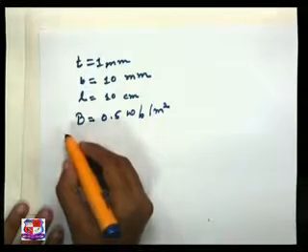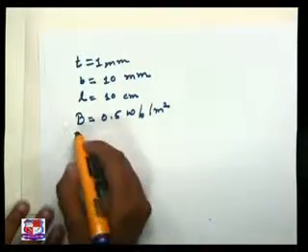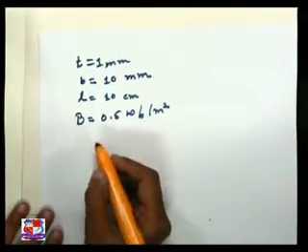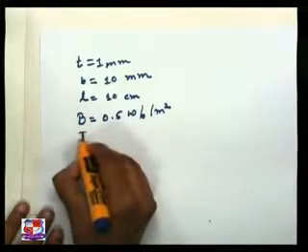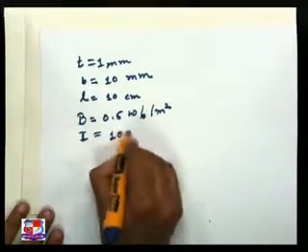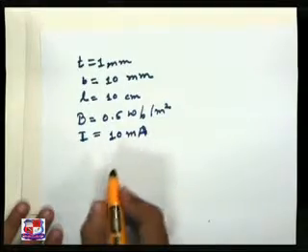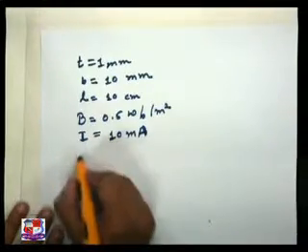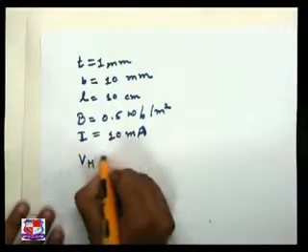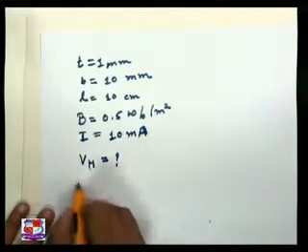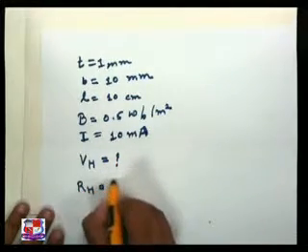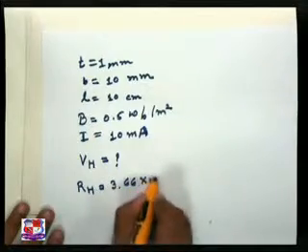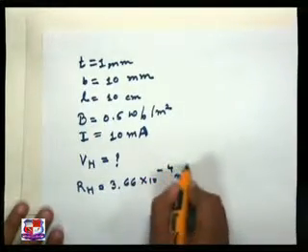It is acting perpendicular to the thickness. Of course it is the Hall effect, so the magnetic field should be perpendicular. If 10 milliampere current flows along its length, calculate the Hall voltage developed if the Hall coefficient R H is 3.66 into 10 raised to minus 4 meter cube per coulomb.